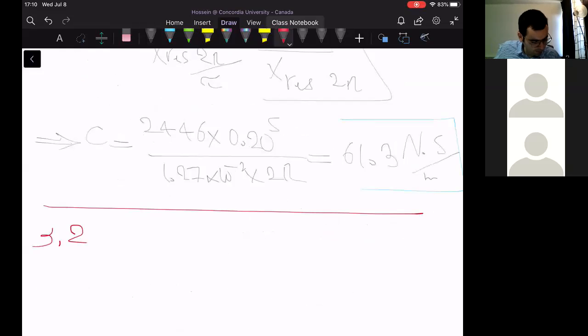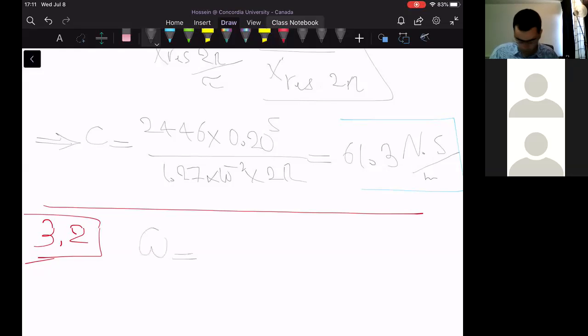3.2 just refers to question 3.1, and it says that if the system of problem 3.1 is excited by a harmonic force of frequency 4 cycles per second, in this case we have only the excitation frequency of 4 cycles per second.